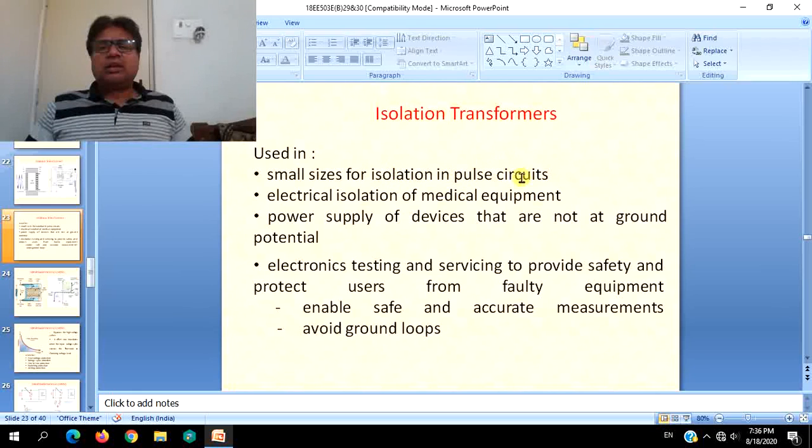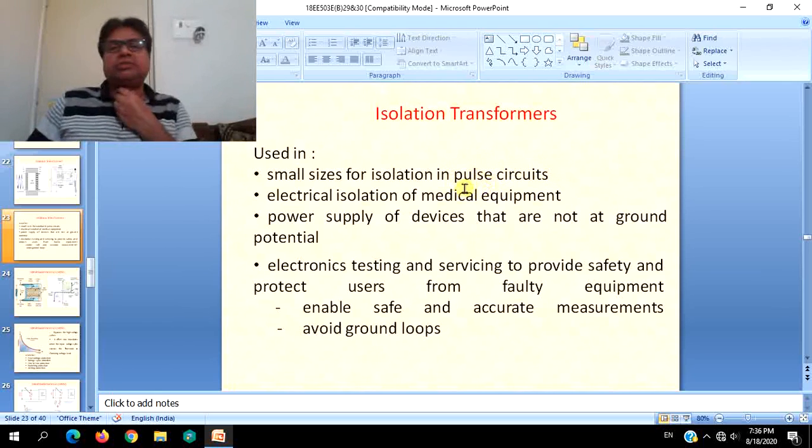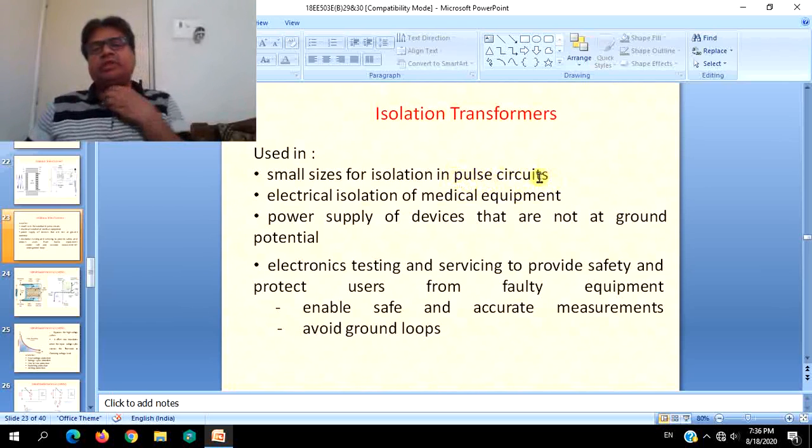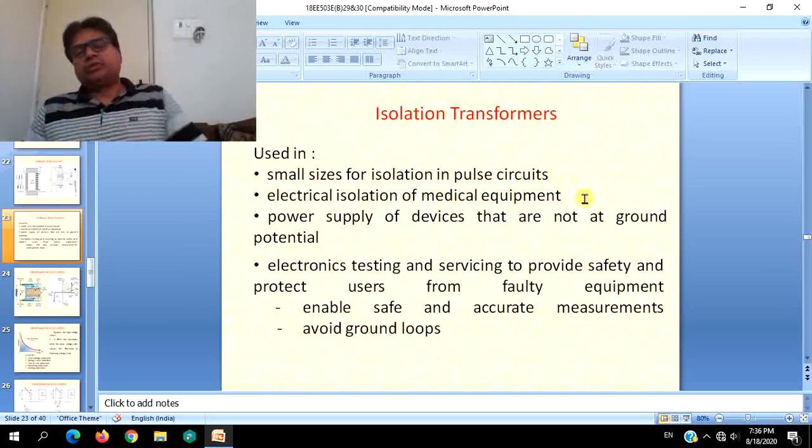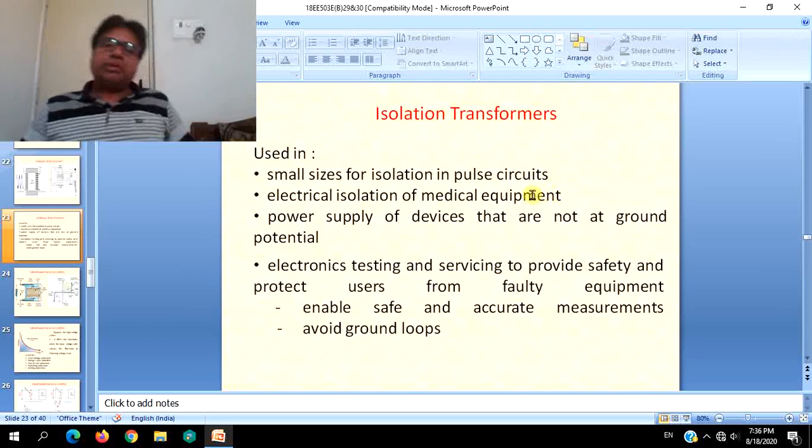Go back to our class E type of commutation, external pulse commutation, where a pulse transformer was used to give an external pulse to the SCR to get turned off. There, it is nothing but a sort of isolation transformer only.